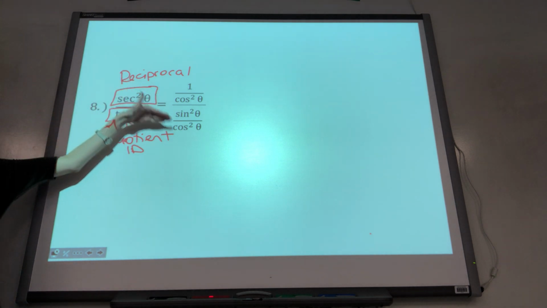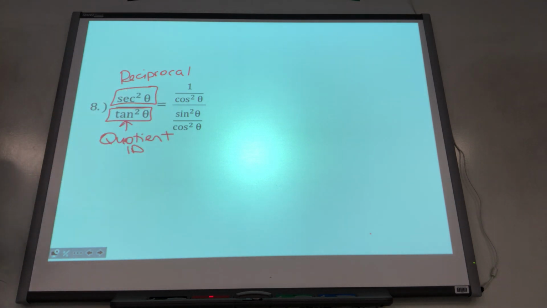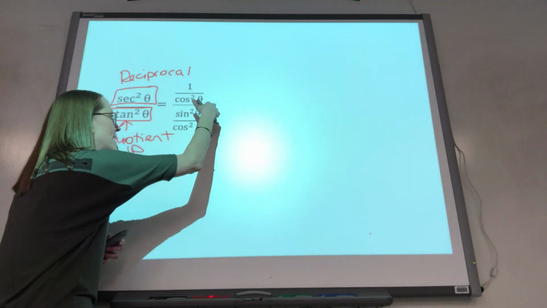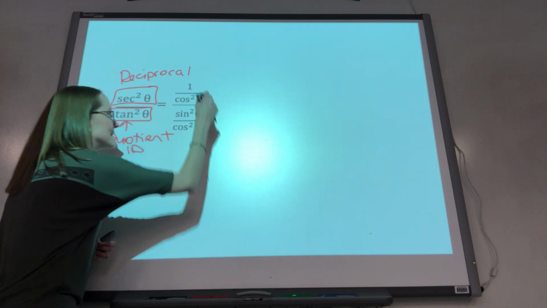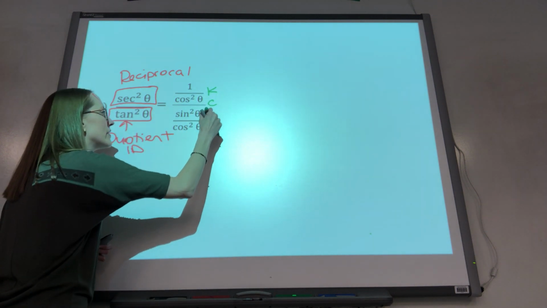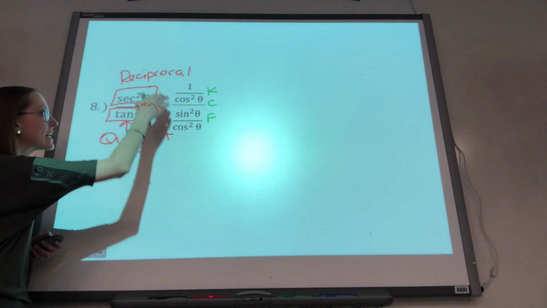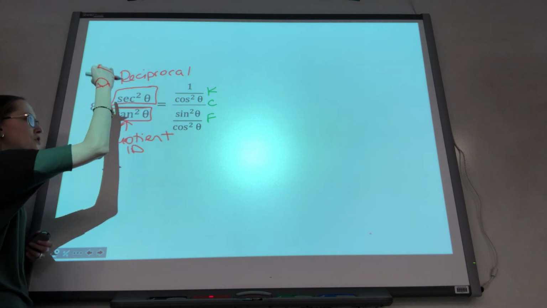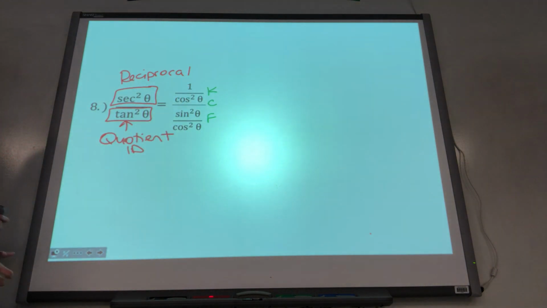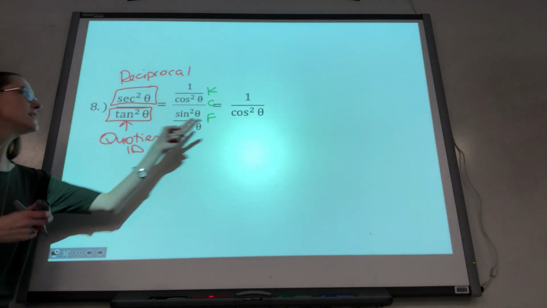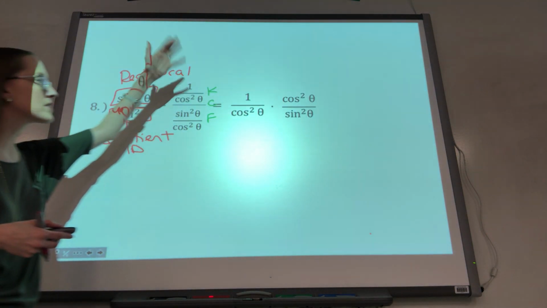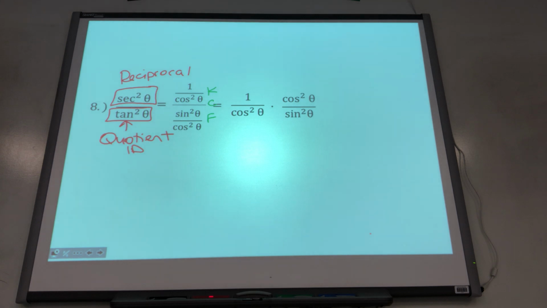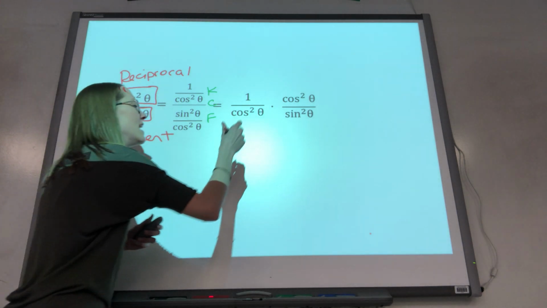I'm always looking for something that they could potentially have in common, and here I see it. Cosine squared, cosine squared. Now, to really get going, I need to flip to get these things to cross out. So 1 over cosine squared times cosine squared over sine squared.